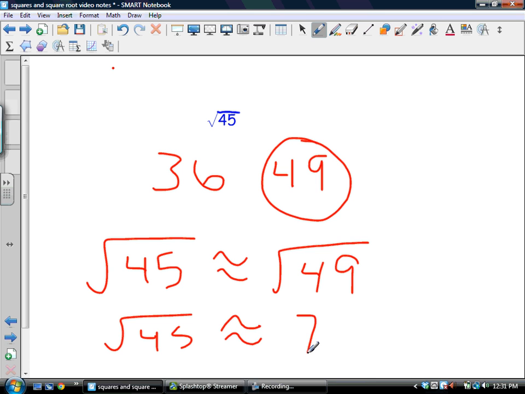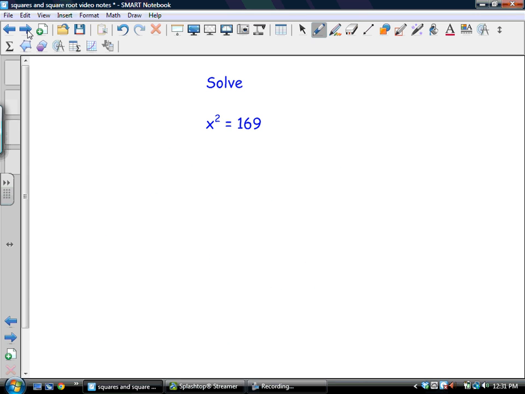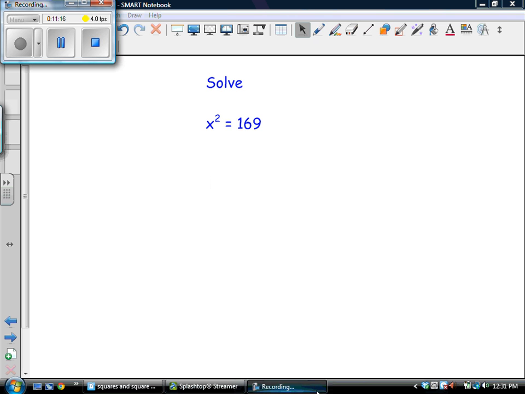Okay? That's how you do approximate. You find the two perfect squares that this number is between, pick which one it is closest to, and use that square root as your approximation. Alright, one more thing we need to do with squares and square roots is we have to be able to solve equations that have them. Now, if you remember, when you solve equations, you always just do the opposite.